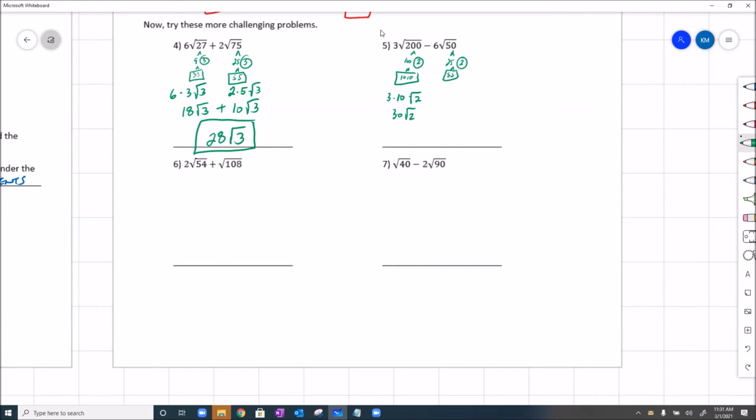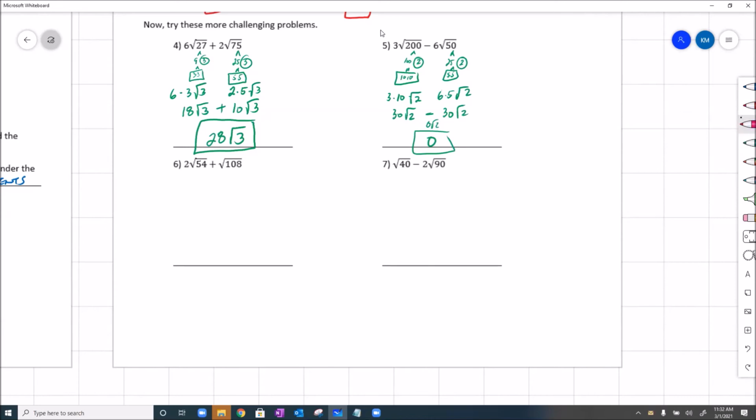So I have 6 times 5 radical 2. Gives me 30 radical 2. Huh? So 3 radical 200 is the same as 6 radical 50. That's crazy. Okay, subtracting. That gives me 0. I could say 0 radical 2, but 0 times anything is just 0. So there's my answer.